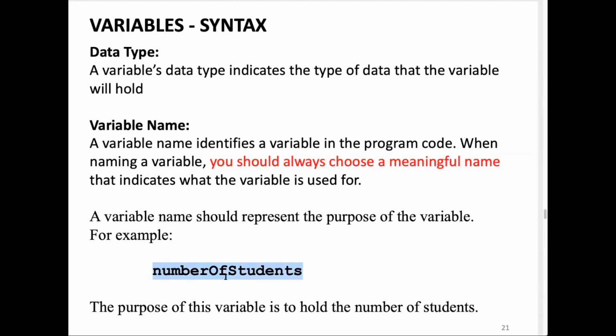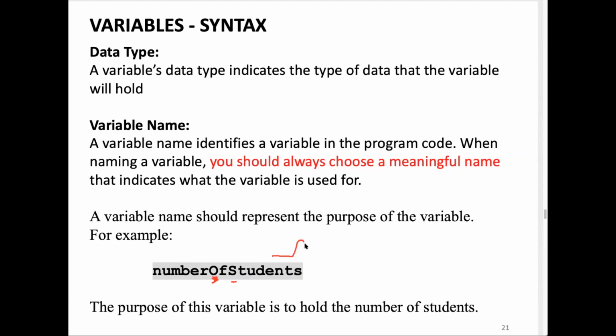What you see here, numberOfStudents, is just one of many ways variables could be declared. This type of declaration is what we call camel casing. It looks like humps on a camel's back, where the capital letters basically represent a different word. In this case, there are 3 words consolidated into one.